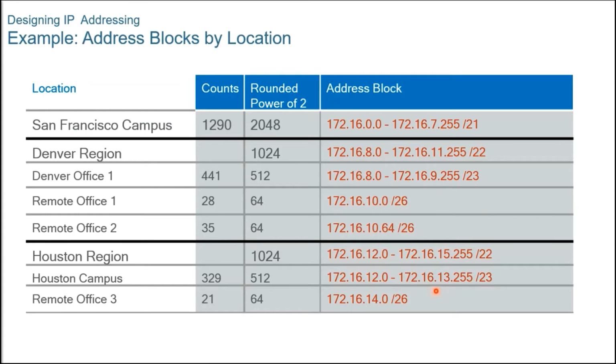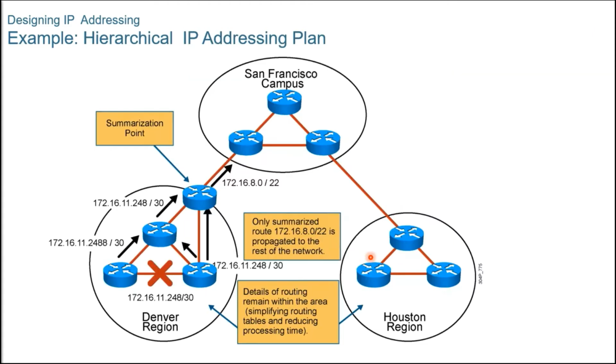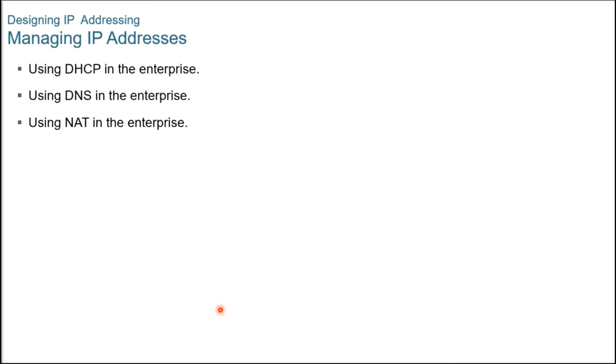On this table here, you've got Houston. Now this figure illustrates one of the links in the Denver region going down and how summarization is performed to reduce the routing updates, or the traffic generated by those routing updates.